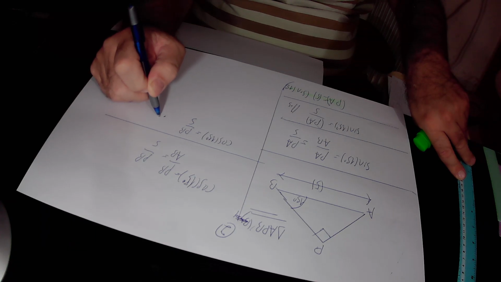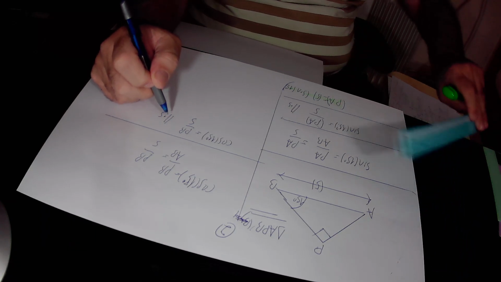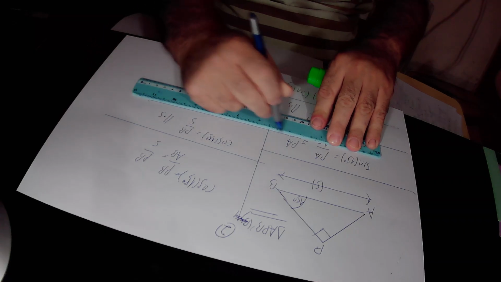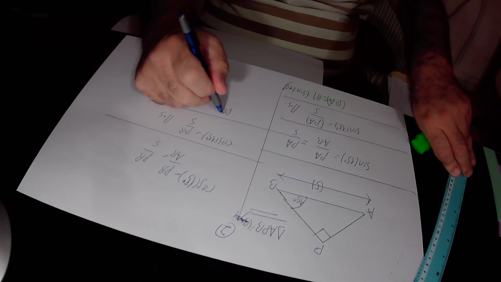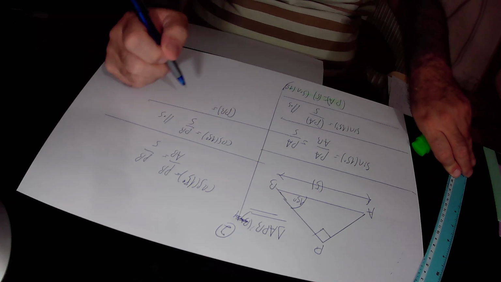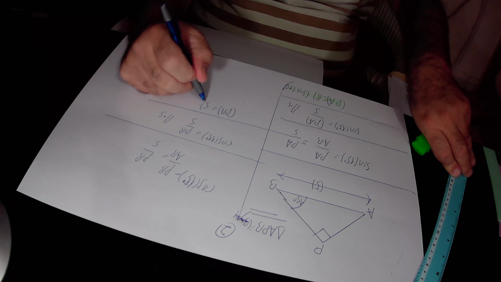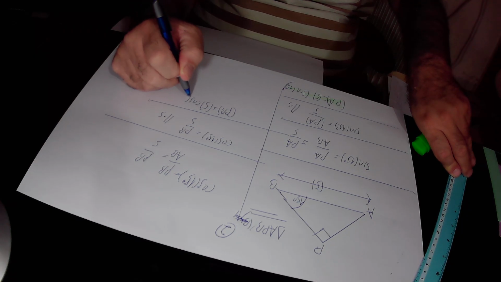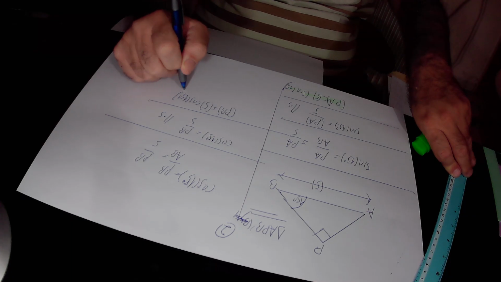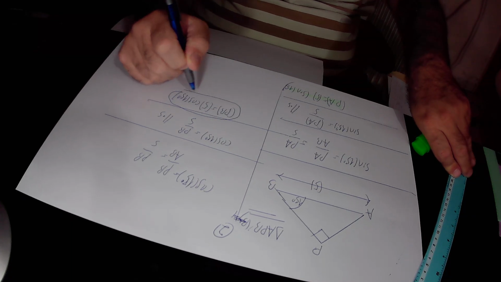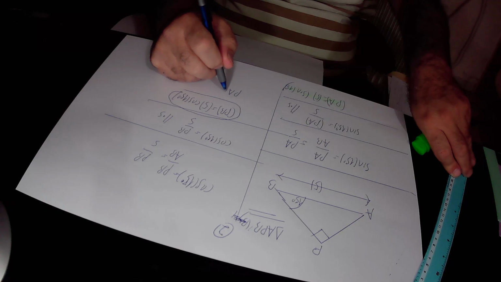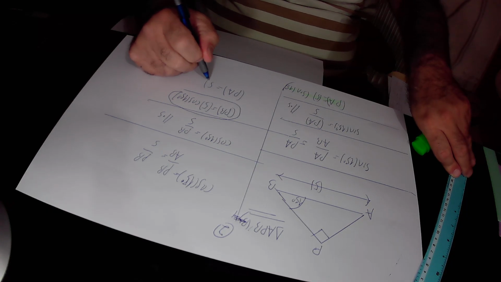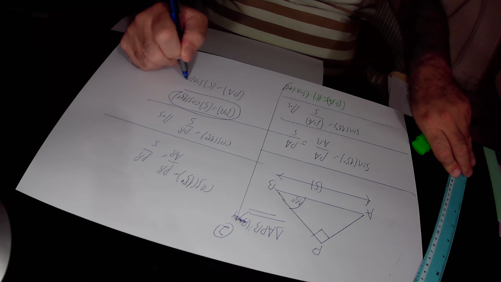Here we will multiply the equation by 5 and finally we will get that PB is equal to 5 times cosine 15 degrees in its size. And we also found that PA is equal to 5 times sine 15 degrees in its size.